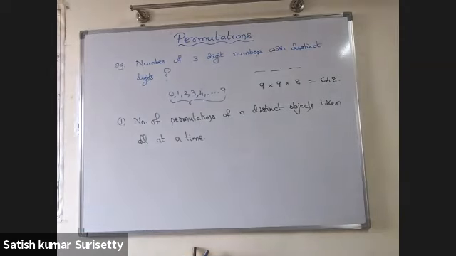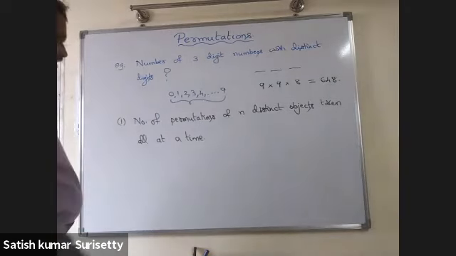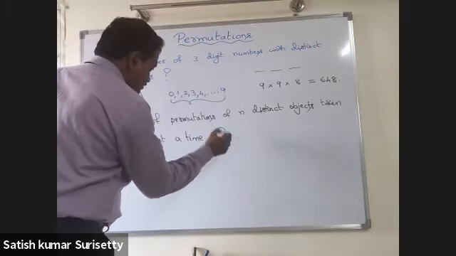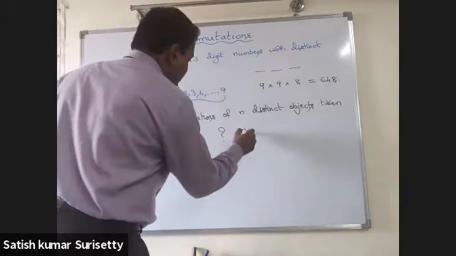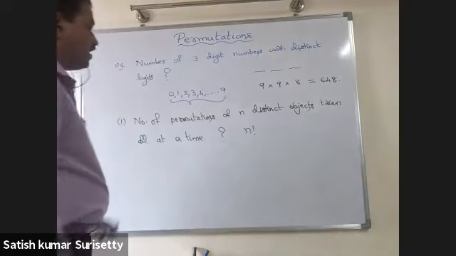The number of permutations of n distinct objects taken all at a time is what? n factorial. That is how to calculate it.